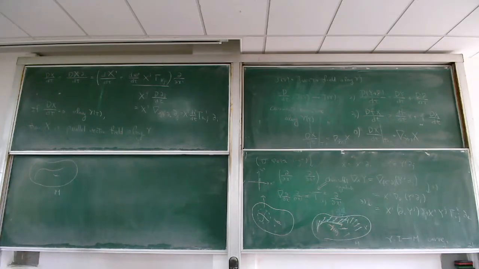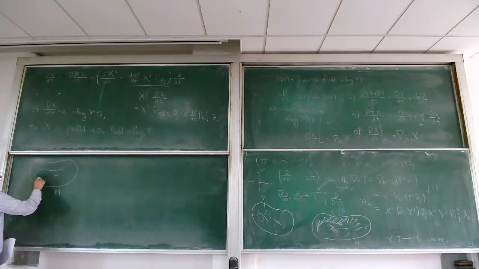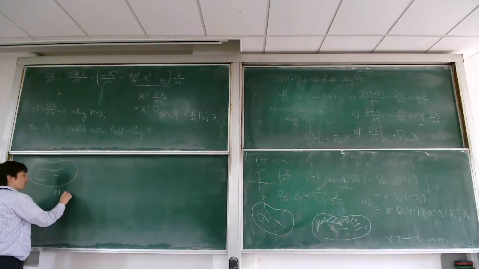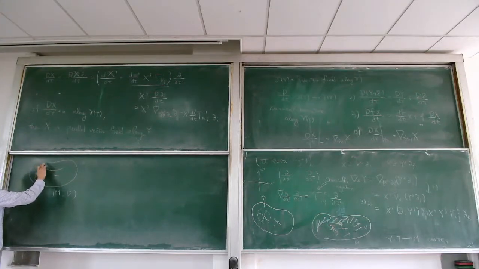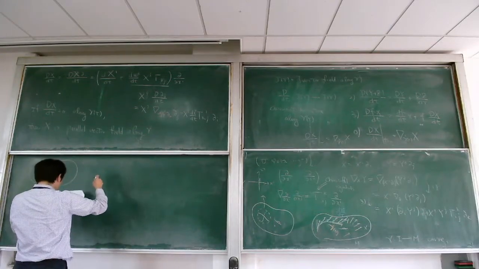Up to this moment, we didn't use a metric to define the connection. So you can just have a smooth manifold and a curve gamma, and a connection that satisfies the condition I erased. Then, given the vector field at the point x0, one can do the parallel transport along this curve by solving this equation.